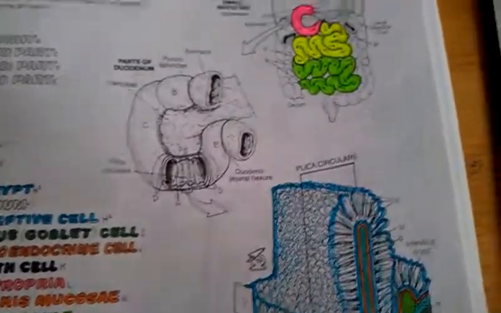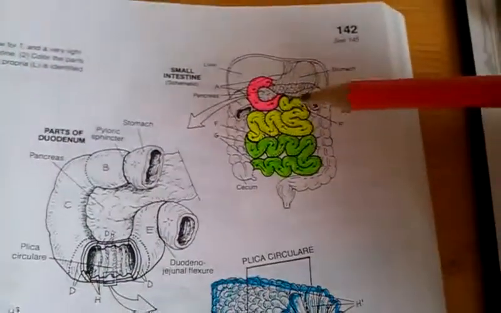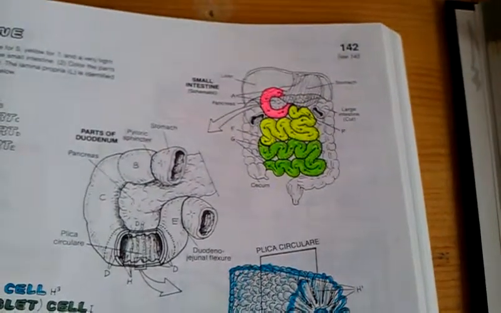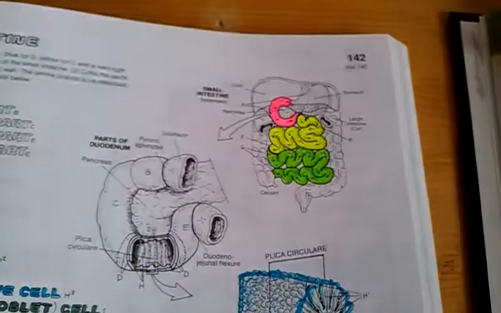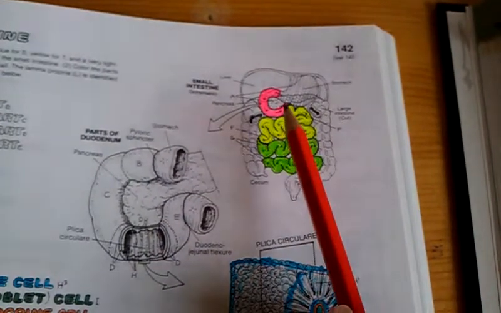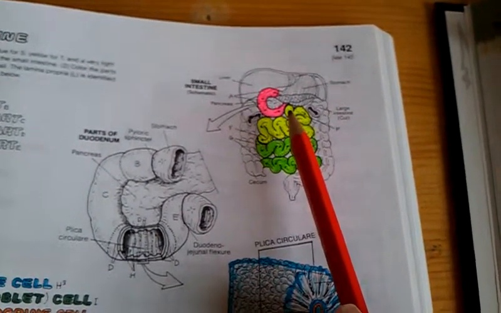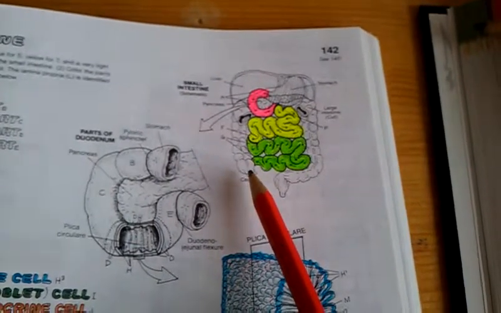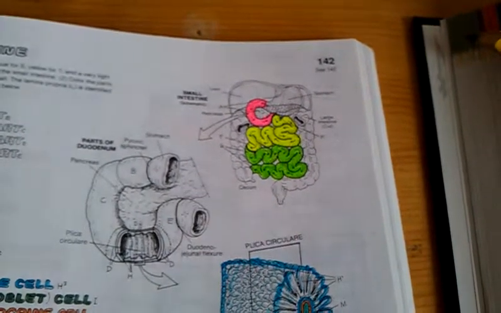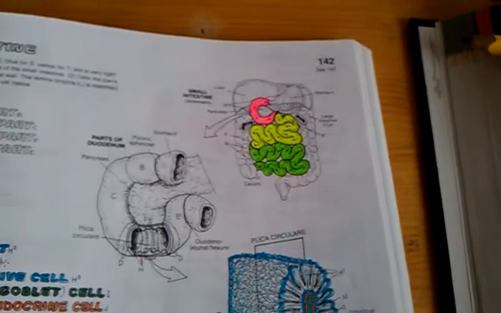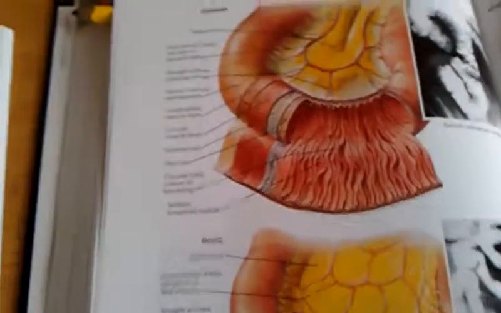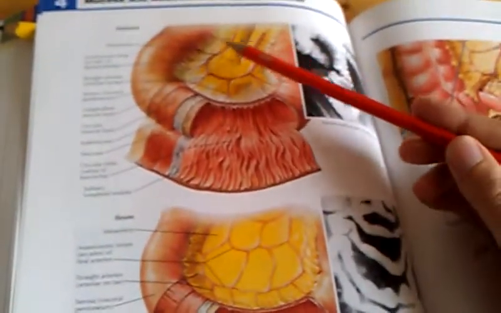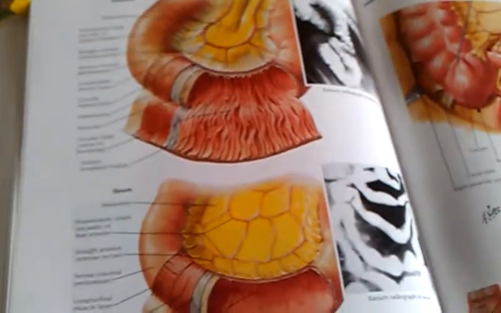The next two parts of the small intestine are the jejunum and ileum, and they extend from the duodenojejunal flexure to the ileocecal orifice, and they are attached to the posterior abdominal wall by mesentery.